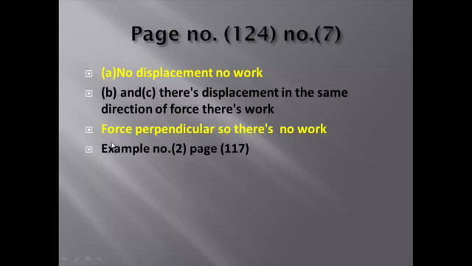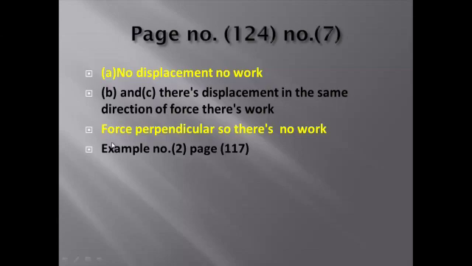Now, example number 2, page 117. Calculate the work done by a girl on a bucket of mass 300 gram. So 300 gram divided by 1000 to convert it into kilogram. That is carried by her through a displacement of 10 meters in the horizontal direction.